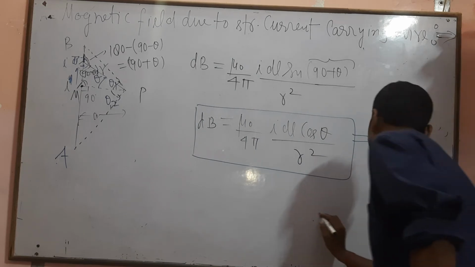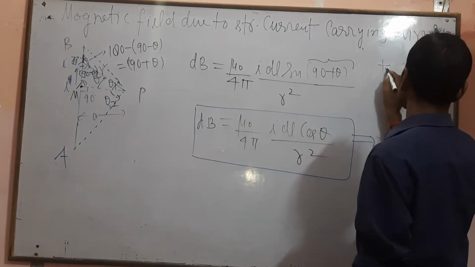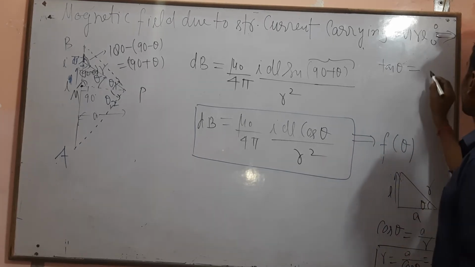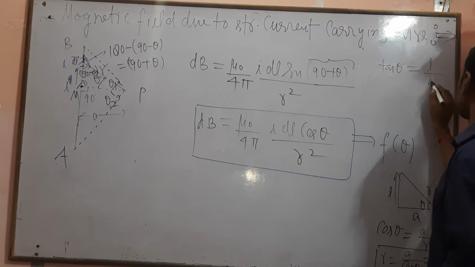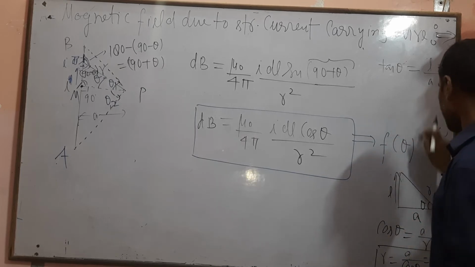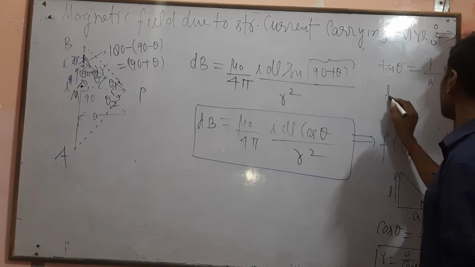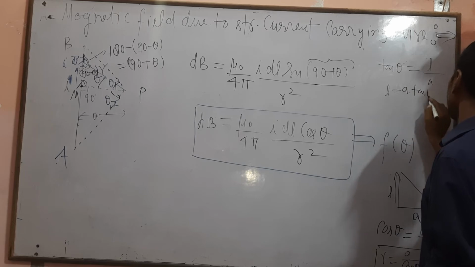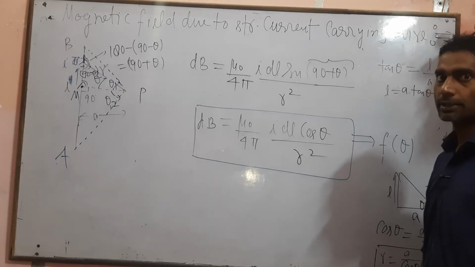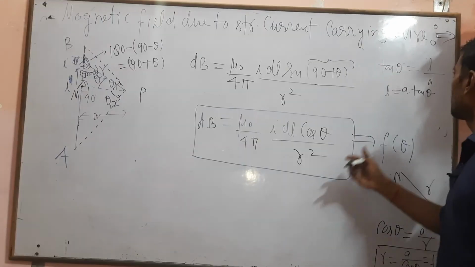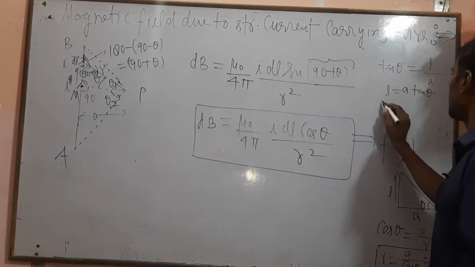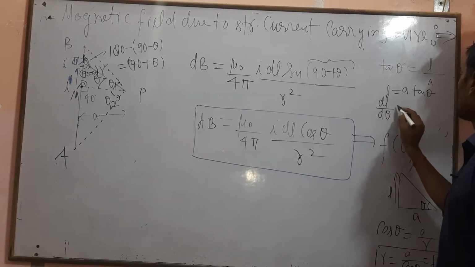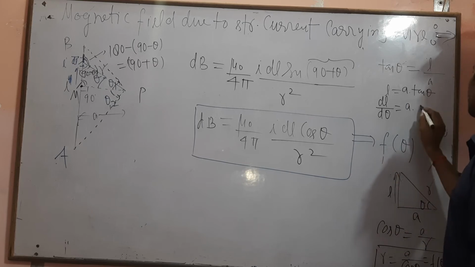So we can say tan theta equals perpendicular upon base; the perpendicular is L, and the base is A. So L equals A into tan theta. dl is the differential length, the small length, so we differentiate with respect to theta. d by d theta of L equals A, a constant, times d by d theta of tan theta.